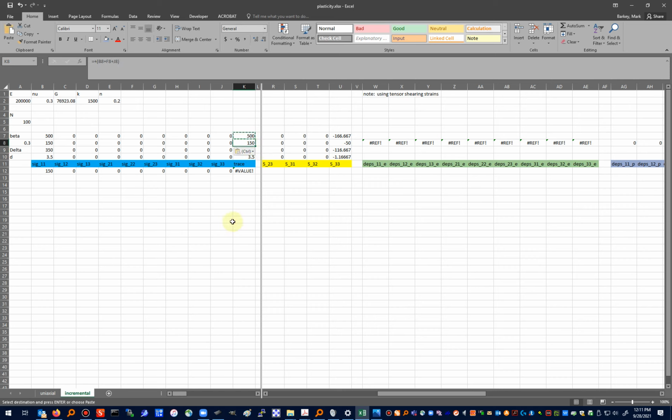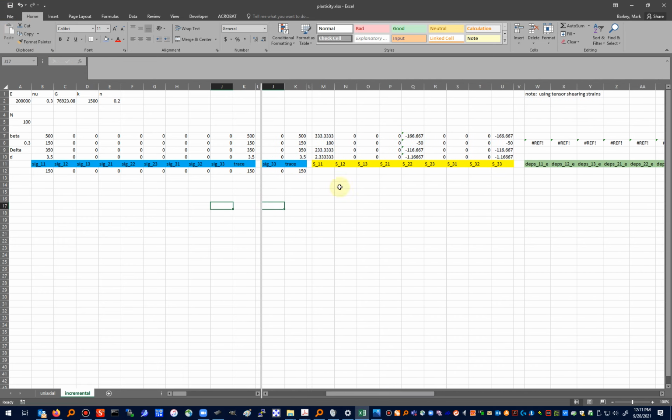Let me fix that. Okay, so I didn't want to multiply this by the 0.3, so we'll fix that from the previous spreadsheet. Alright, so there's my starting stress location, and we'll take these values, or these formulas I guess, and we can paste them in here. They should be our starting deviatoric stresses.